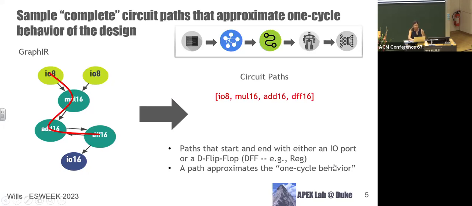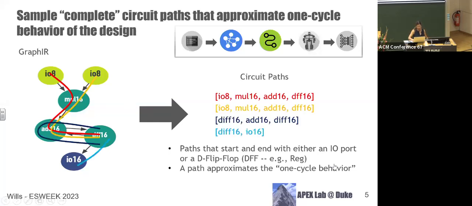The type of the node concatenated with the width forms a token, or a vocabulary, that we are going to use to train the predictor in the next step. And it's not necessary to sample all the paths of a hardware design exhaustively, because lots of the paths are similar and they don't give us additional information.